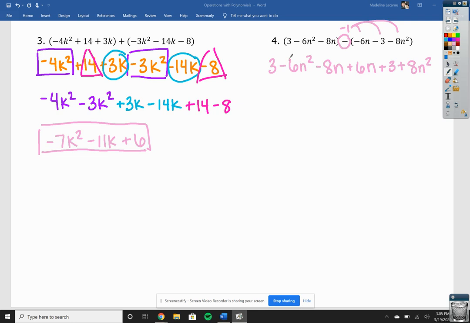So I'm going to start with my highest degree, which is the squared. So negative 6n squared and positive 8n squared.